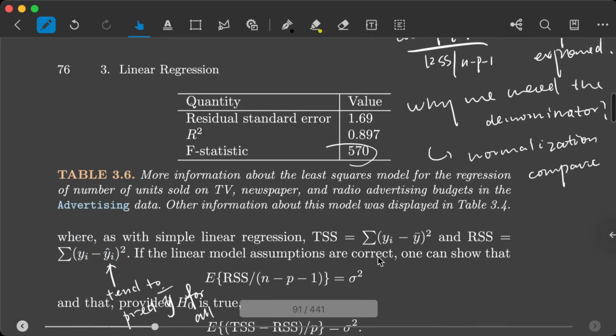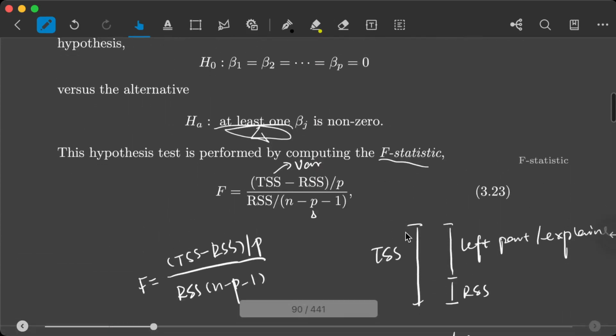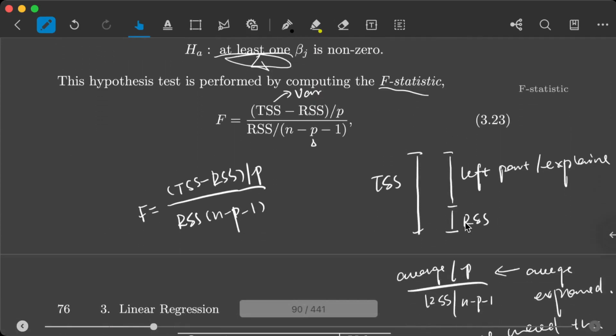How can we interpret them intuitively? TSS is like the variance of y, and RSS means that if we have made some predictions, then we have something left which we cannot minimize, which we can interpret as epsilon, because we made predictions using x.